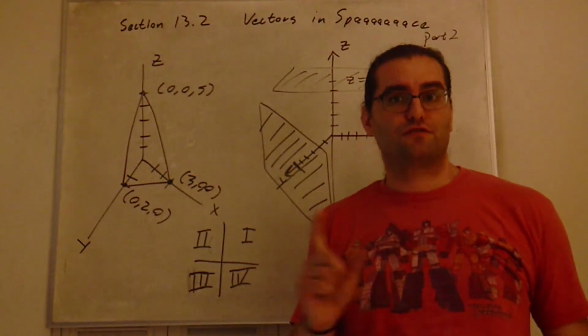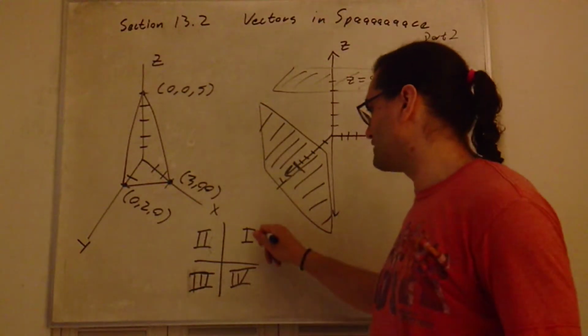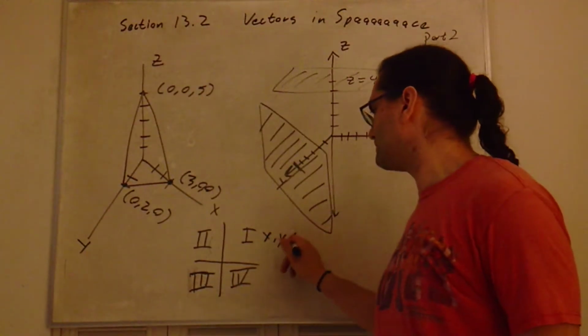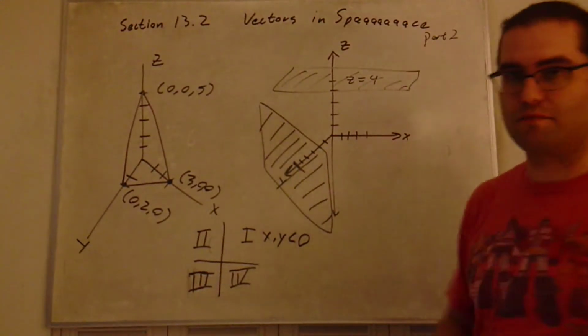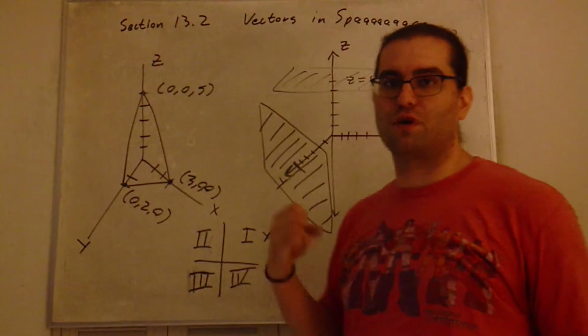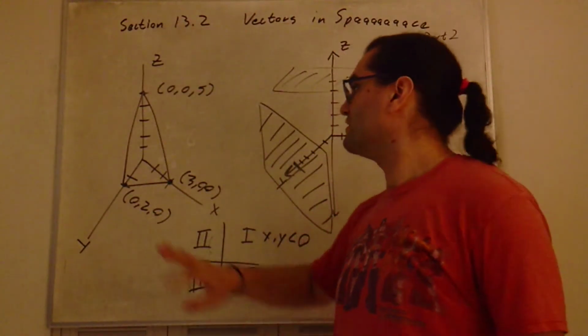I know what the first one is. The first quadrant is the one where x and y are both positive. And the first octant is the same. The first octant is the octant where x and y and z are all positive. So that's what we have here.